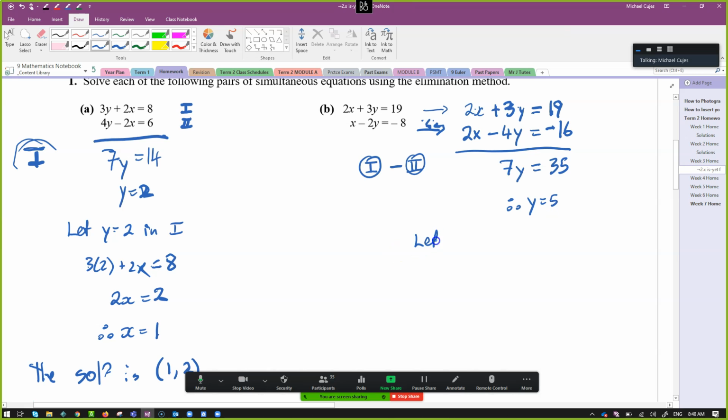I'm going to let y equal 5 in equation 2.